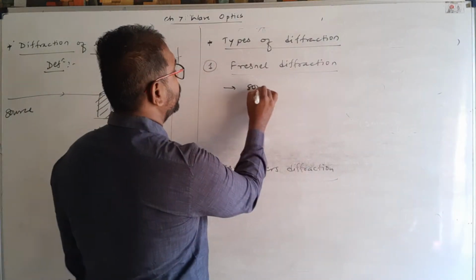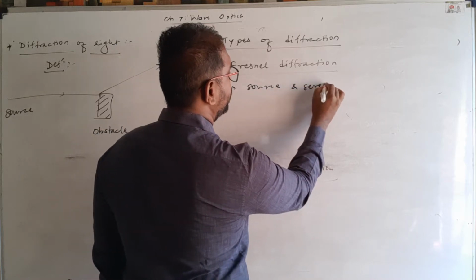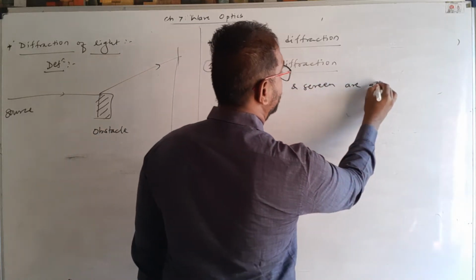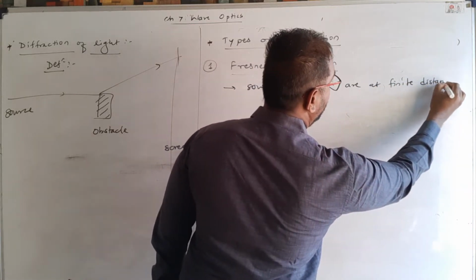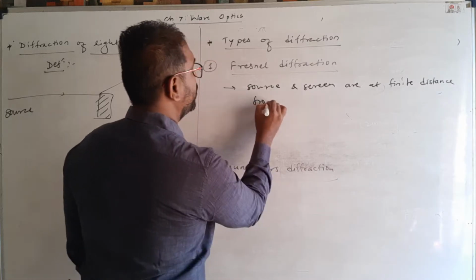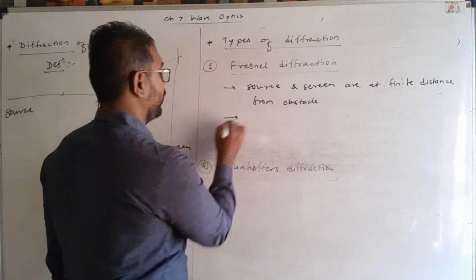So here source and screen are at finite distance from the obstacle.